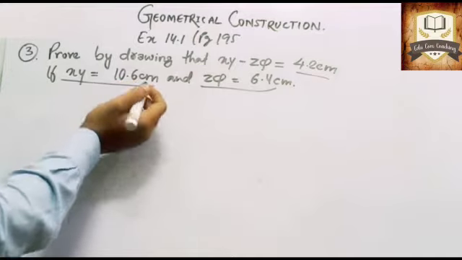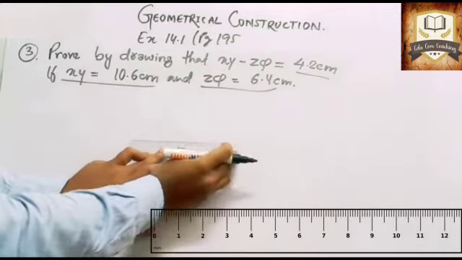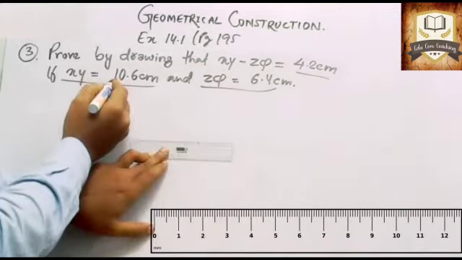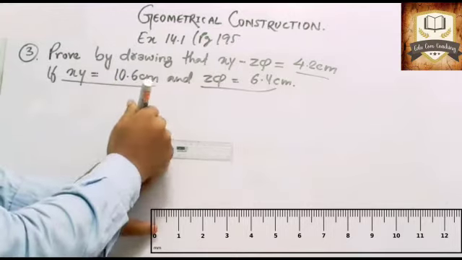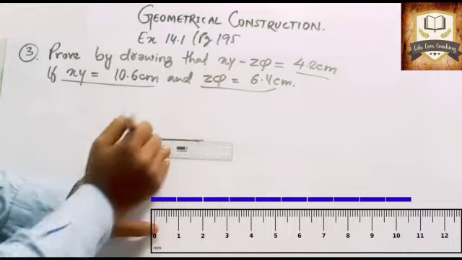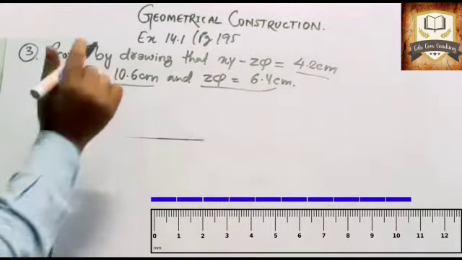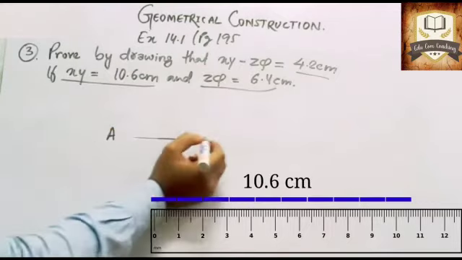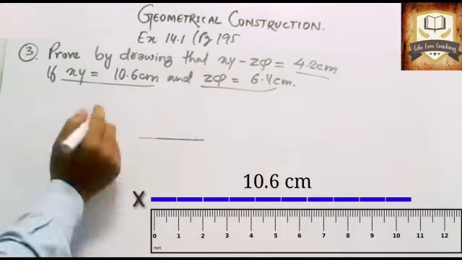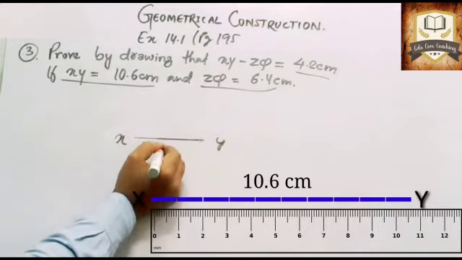So for that you need a ruler. Here is your ruler and draw the line segment that is 10.6 cm. So this is a line segment with 10.6 cm. Okay, sorry, XY 10.6 cm.